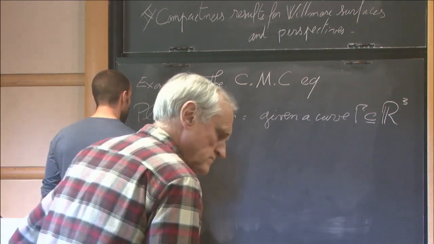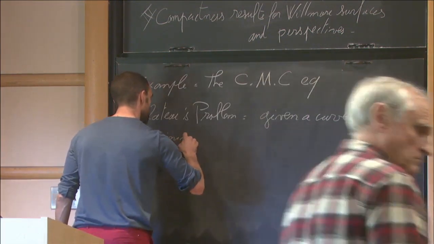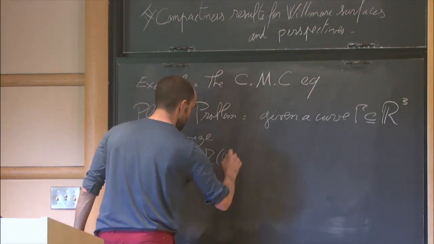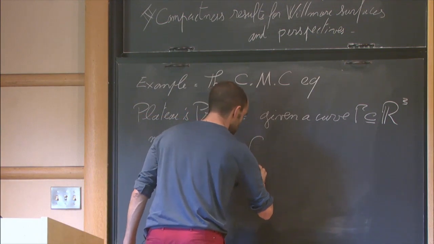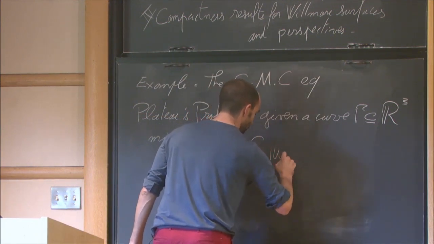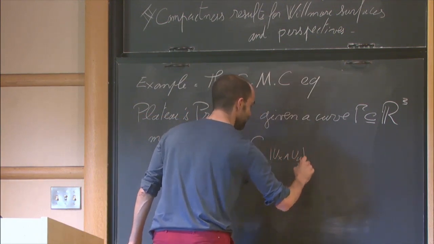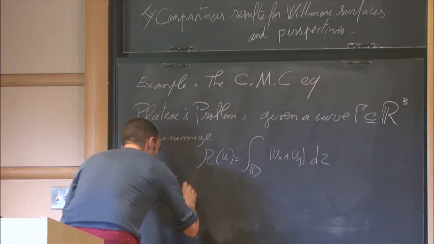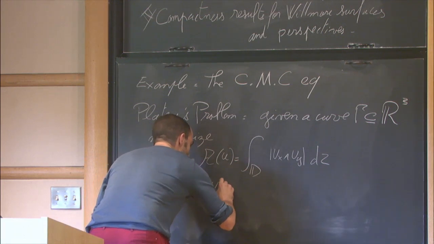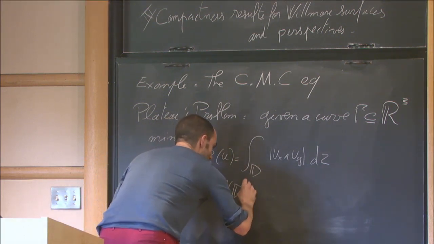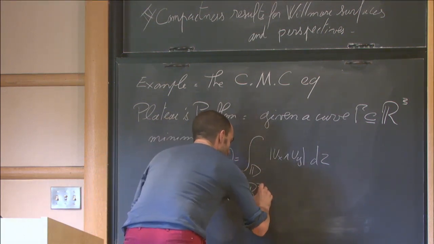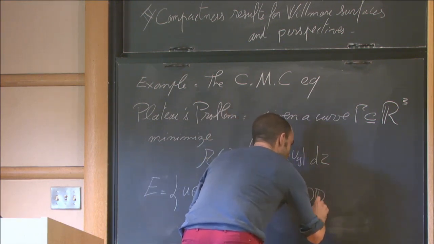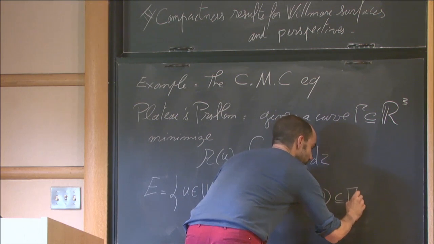So we try to minimize the area functional among the space E of W^{1,2} maps such that the boundary is sent to the curve.